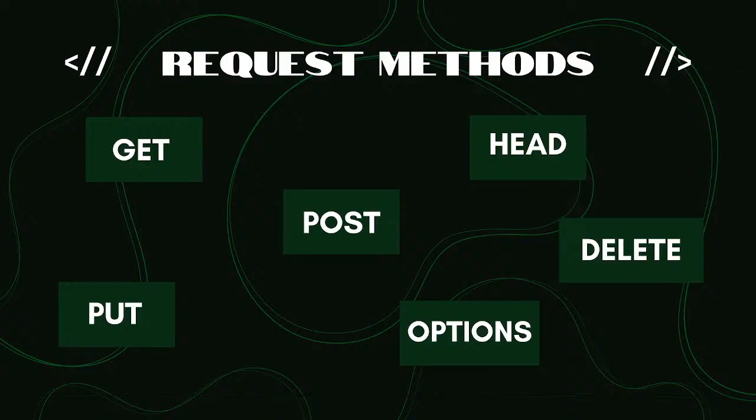Options is basically used to show the allowed HTTP methods for a resource, while put updates or replaces the existing data. There are other methods too, like patch, which partially updates the existing data. But most commonly we use get and post. So we'll be discussing them.